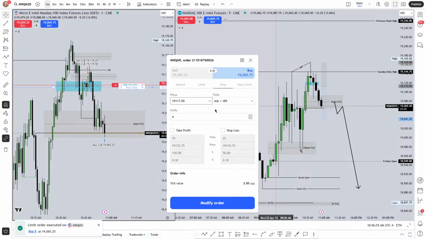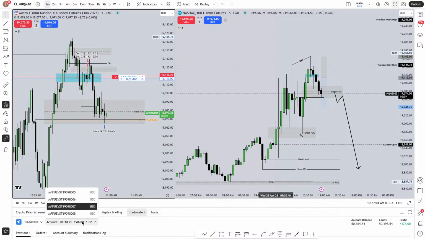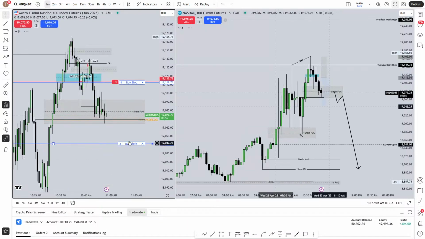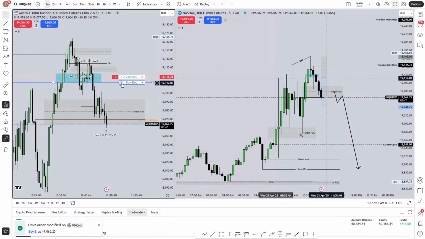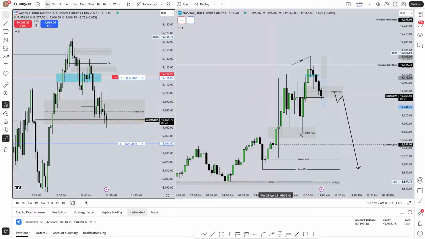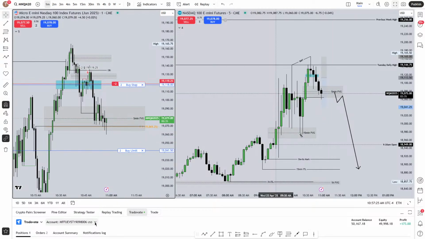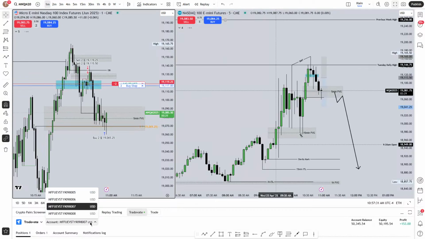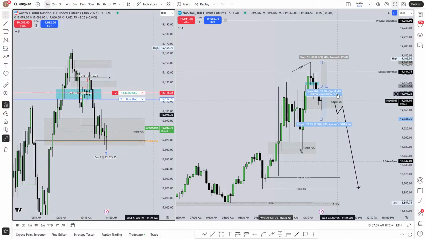All right, very nice. Oh shit, forgot to move that. Okay, good. Okay, so everything's set in place here. My trade copier was just messing up.